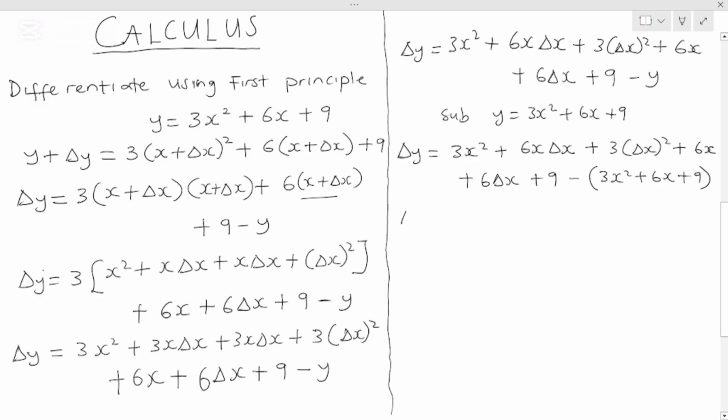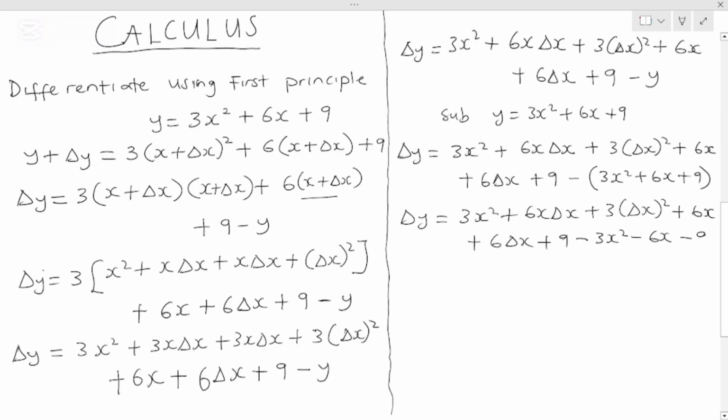So you have change in y equal to 3x squared plus 6x change in x plus 3 change in x squared plus 6x plus 6 change in x plus 9 minus 3x squared, opening the bracket, minus 6x minus 9.